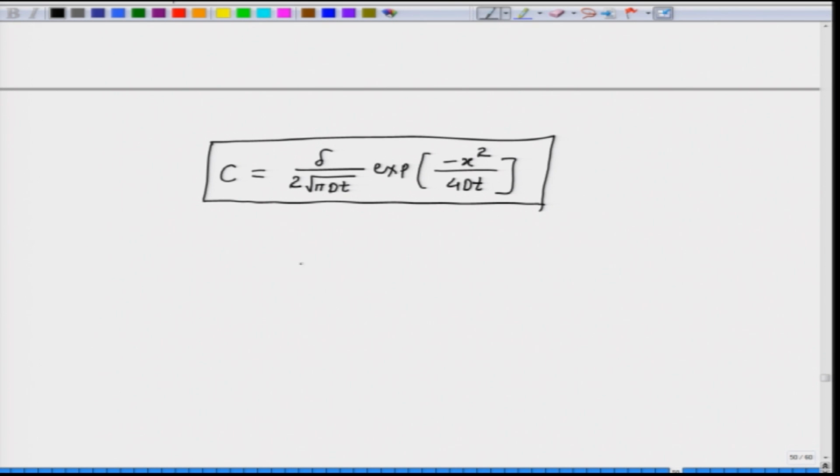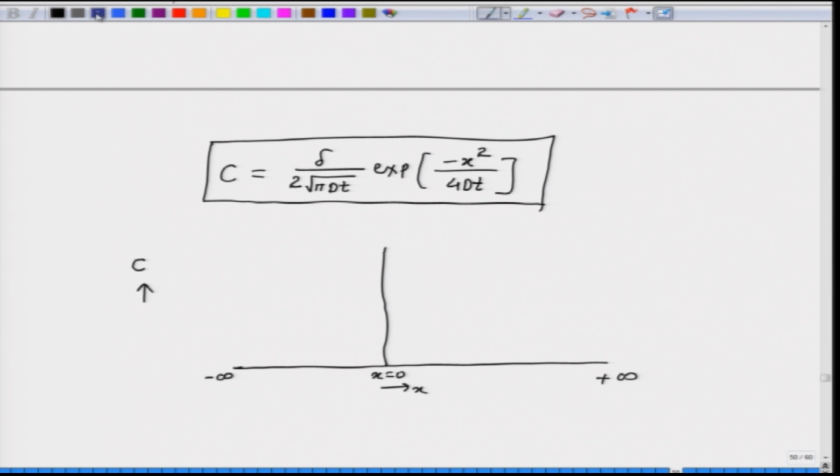If we plot this, so on my y axis is concentration, x axis is x, this is x equal to 0, minus infinity, plus infinity. Obviously, the solution is symmetric because d is constant.